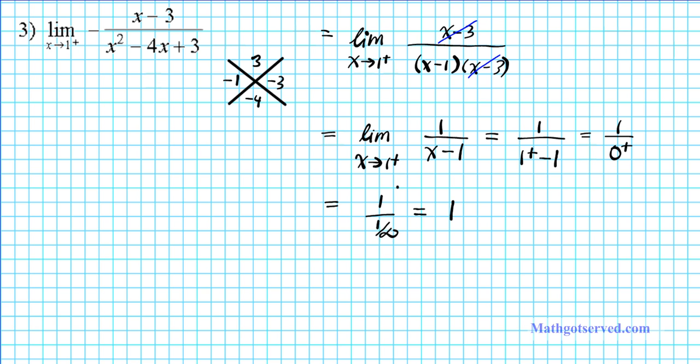If we multiply the numerator by the reciprocal of the denominator, we'll end up with, well, we have a minus here, so let's not forget that. We have negative infinity, so our final answer will be negative infinity. Okay, so there goes your limit.